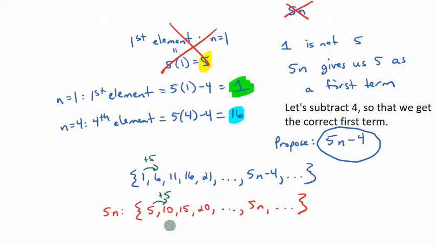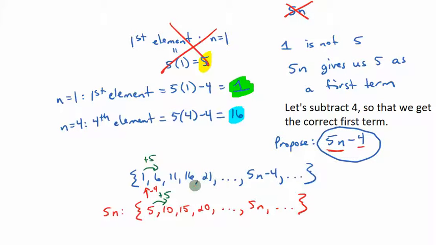So if I want to turn my red 5n set into this blue 5 spaced set also, all I have to do is subtract 4 from each term. 5 minus 4 is 1, 10 minus 4 is 6, 15 minus 4 is 11. And that's exactly what we're doing. We're taking our 5n set and we're subtracting 4 so that we adjust this set to give us the set we want.